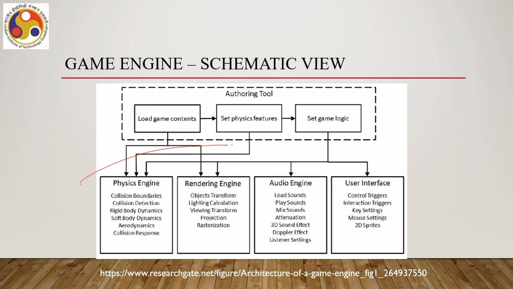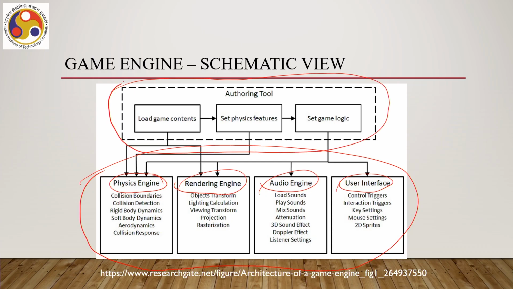Schematically, we can think of a game engine as comprising of few things, comprising of multiple engines, say for example, physics engine, rendering engine, audio engine and user interface. Now, there can be an authoring tool which the developer can use, and through that authoring tool can access the different functionalities supported by the game engine to develop their own software, which runs on top of the game engine.